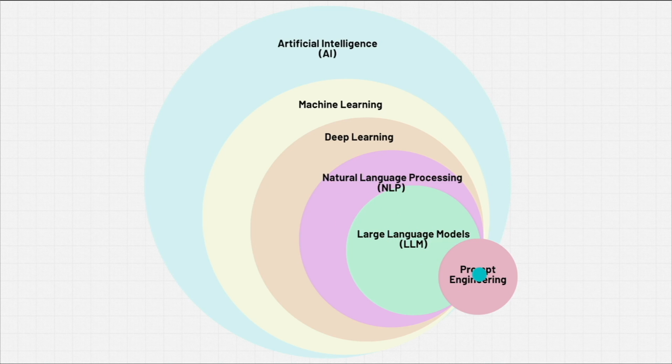And then we have prompt engineering, which you'll see overlaps with all of these, including large language models, but then also breaks off and is a bit of its own thing. That's where it intersects with basically every other field in the world. So let's break down this chart a little bit more so you can understand it, though.